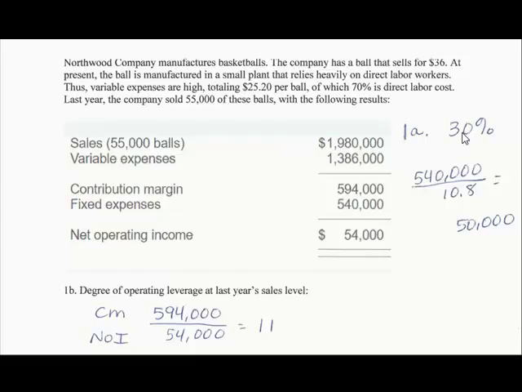So then, to figure out how many balls the company needs to sell to break even, I'm going to use that shortcut formula where I put fixed costs, $540,000, and that's given to me here, divided by the unit CM. My answer of 50,000 represents the number of units or balls that I need to sell in order to break even.